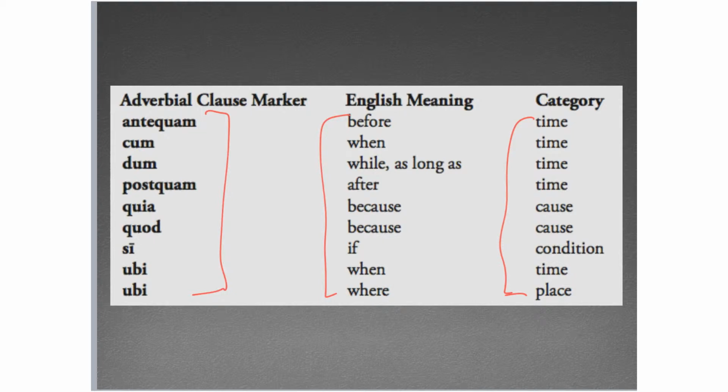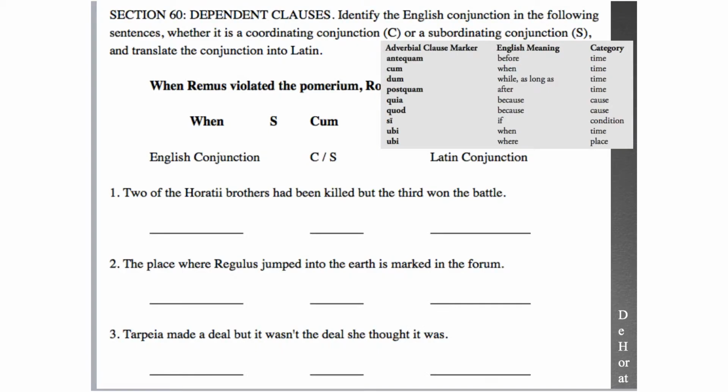So make sure to know the words on the left as part of vocab so that you can translate these dependent clauses. All right, beyond that, dependent clauses work no differently from any other clause or any other Latin. They're going to have the same things: subjects, verbs, objects, ablatives, adverbs, prepositional phrases, whatever it might be. The only difference is the presence of that conjunction at the beginning.